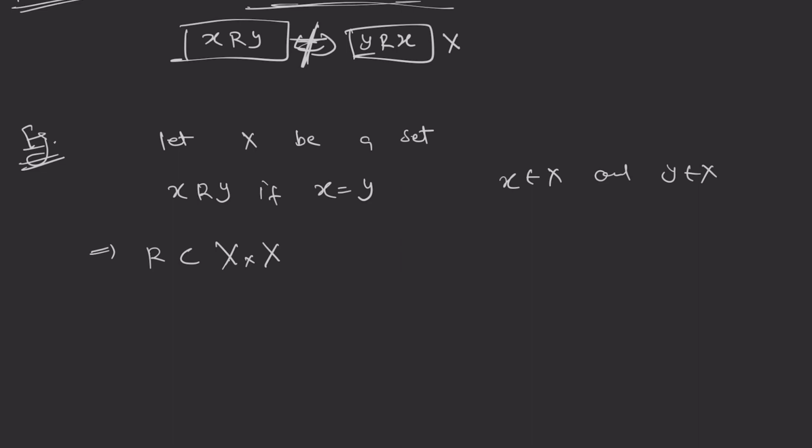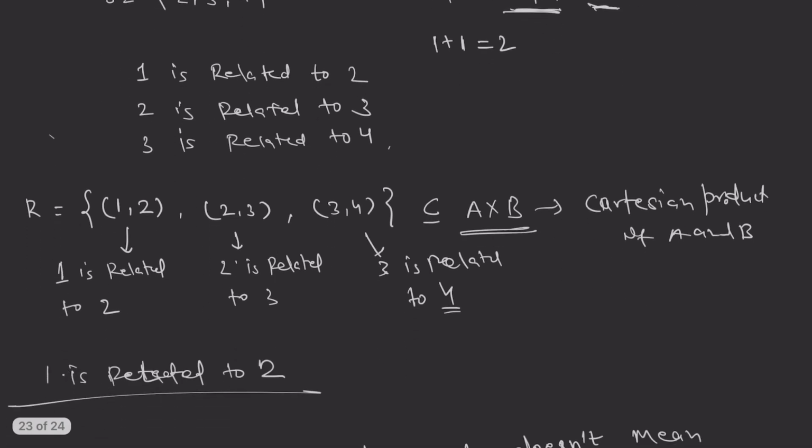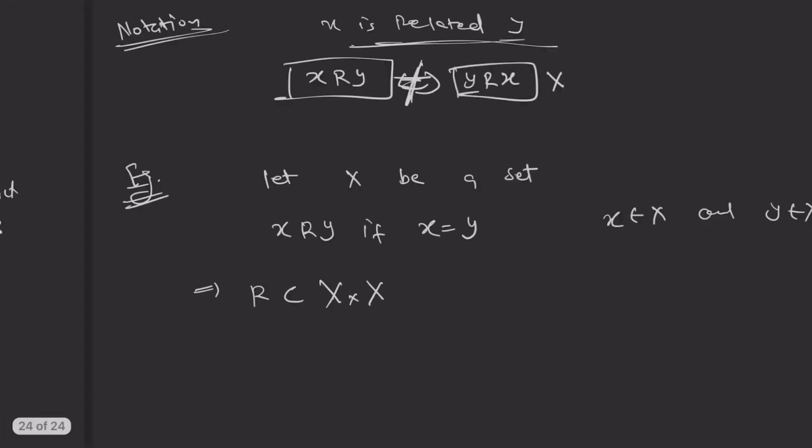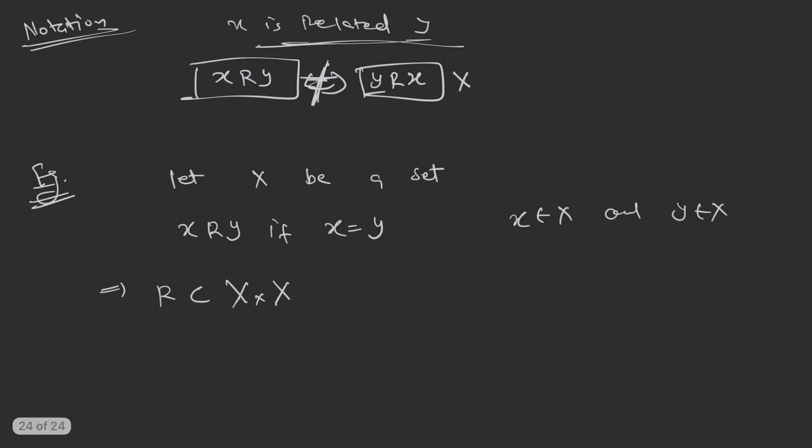Because we just know that R will be a subset of A cross B if we define a relation from A to B. So here now I am defining relation from X to X. I am relating elements of X to the elements of X.